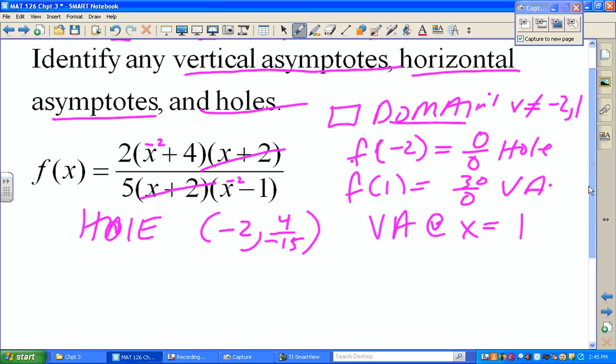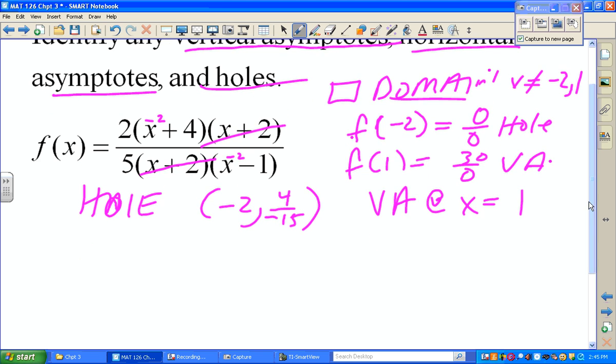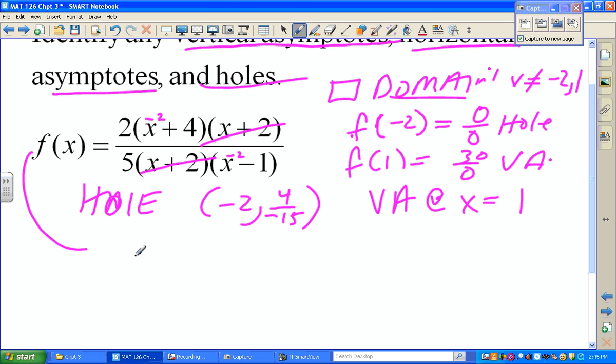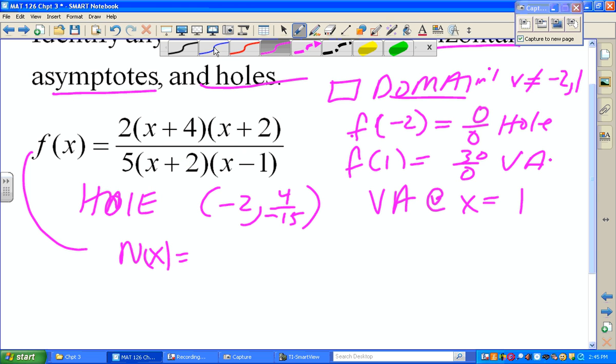Also, kind of interesting, what's the degree of the numerator? If I multiply out the leading terms, what would I get in the numerator? 2x squared plus something, right?